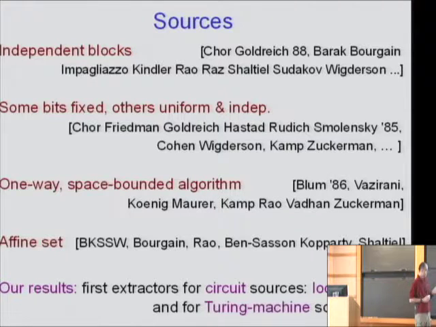Also, there has been some work in the model of streaming or one-way space-bounded algorithms. These are sources which output the bits in a one-way fashion and do not remember so much about the previous bits, or sources which are uniform over linear or, more generally, affine spaces, say over GF2.